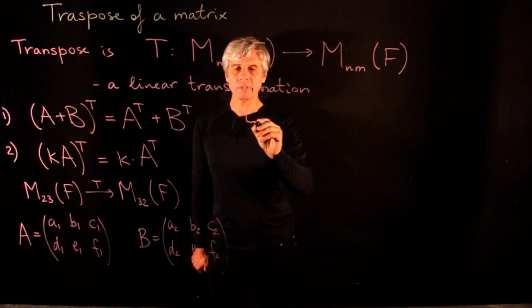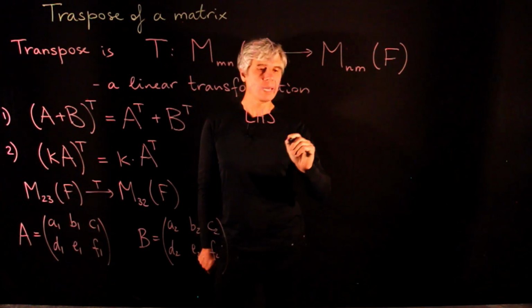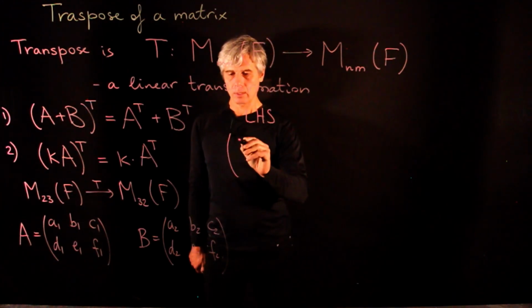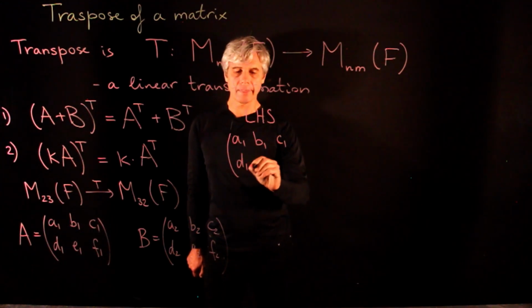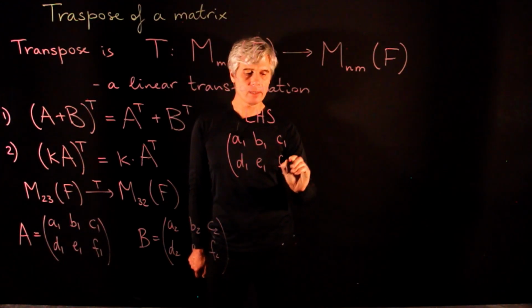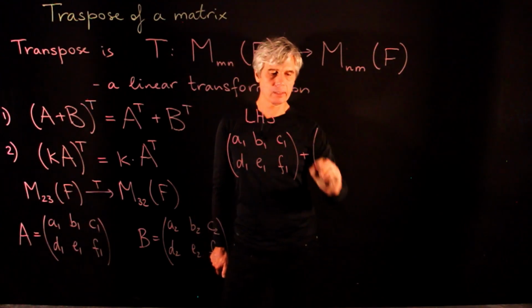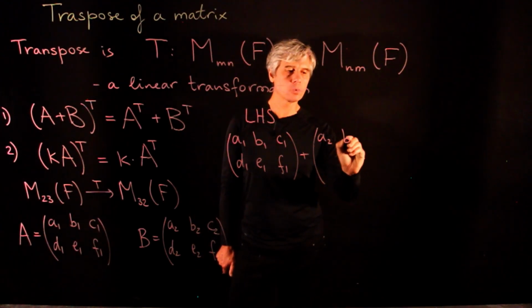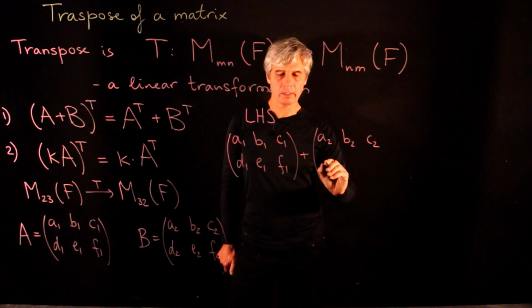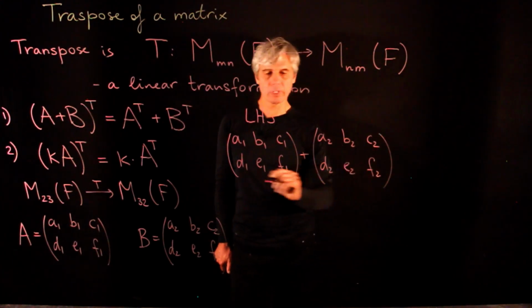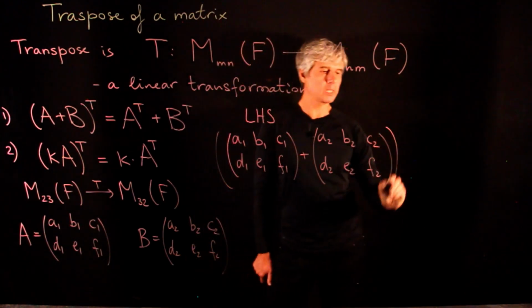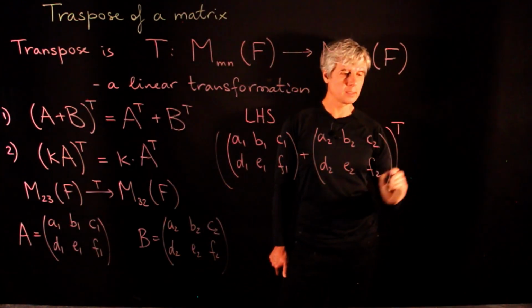So in the left-hand side, we have two matrices A1, B1, C1, D1, E1, F1, plus the matrix A2, B2, C2, D2, E2, F2. So we take the sum and we take the transpose of the result.